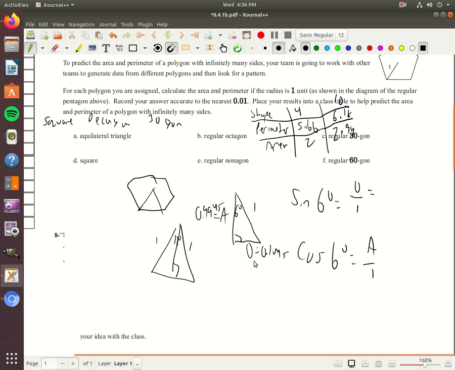Again, if I want the area, I know that I have this half of base. 0.1045 is half of this whole thing, and I'll just multiply it by the height, and that will give me the area of one of the 30 chunks.